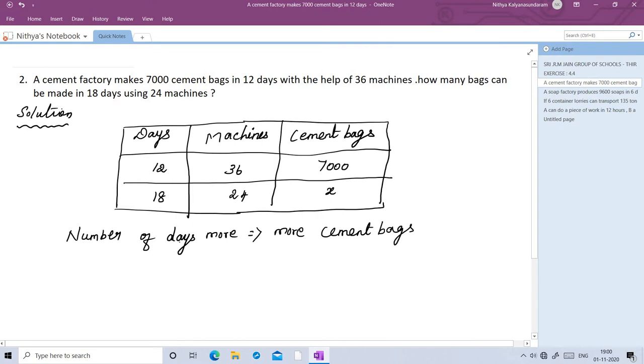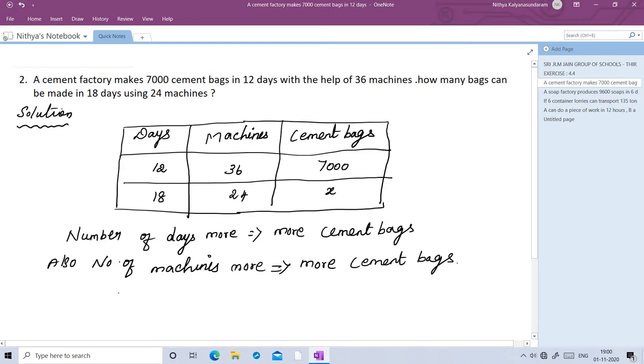If the number of days is more, definitely we will get more number of cement bags, and also if the number of machines is more, we will get more number of bags. So therefore it is direct variation.